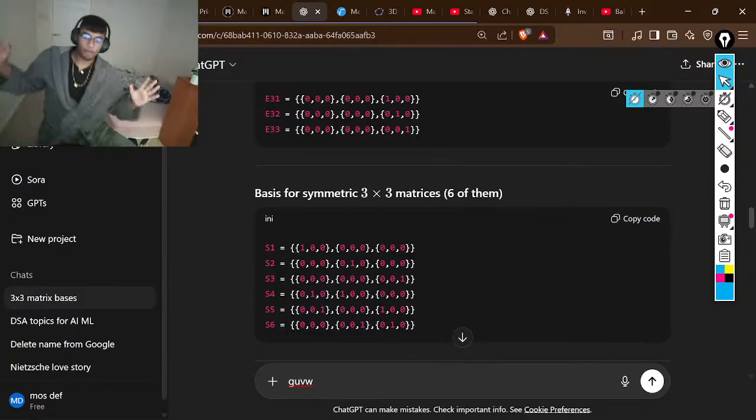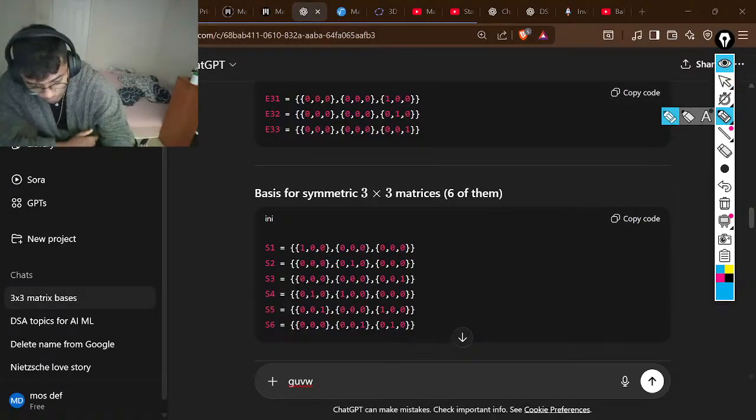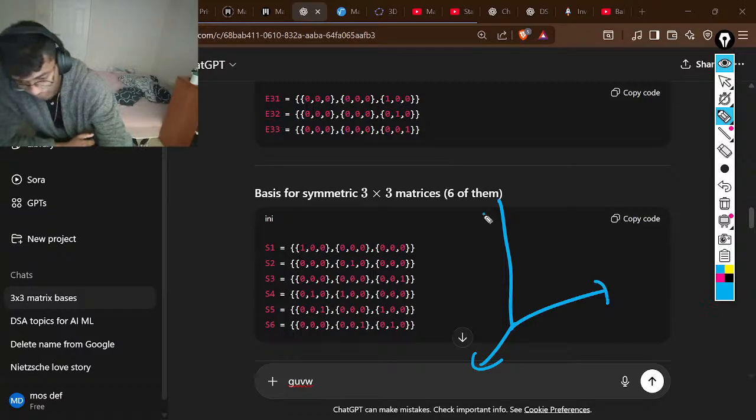So wait. I think I got it wrong. In a 3x3 space, the base is symmetric. Symmetric ones would be this one, this one, this one, right?